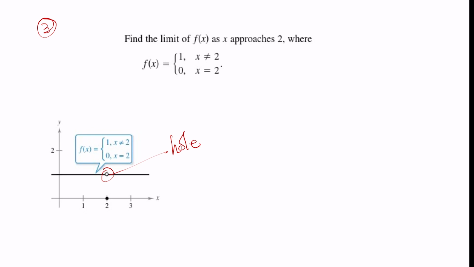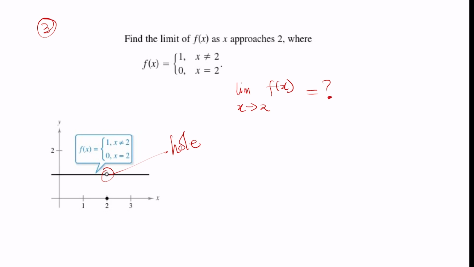So, how do we find the limit as x approaches 2? The question is, we want to find the limit as x approaches 2 of f(x). And that is what we are looking for. So how do we solve that? It is simple.